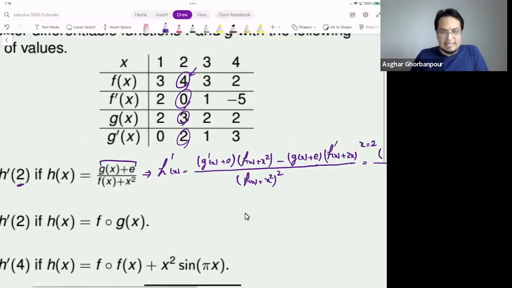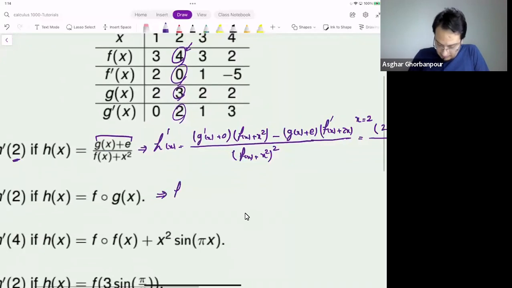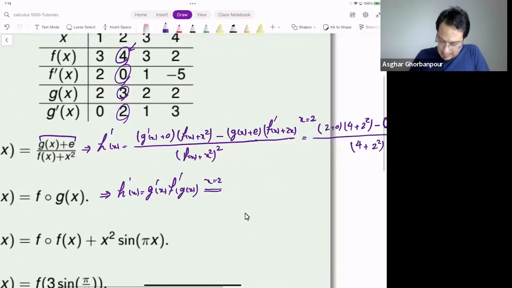The second example is for the chain rule. So here, the derivative of f of g is g prime x times f prime at g(x). When you plug in x equal to 2, this is g prime at 2, which is 2, times f prime at g at 2.